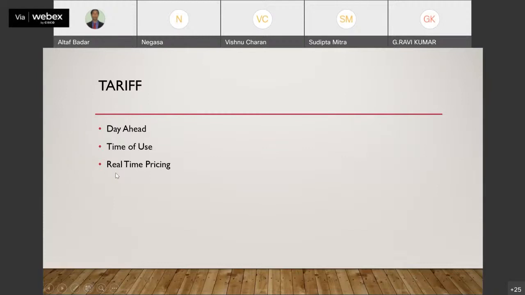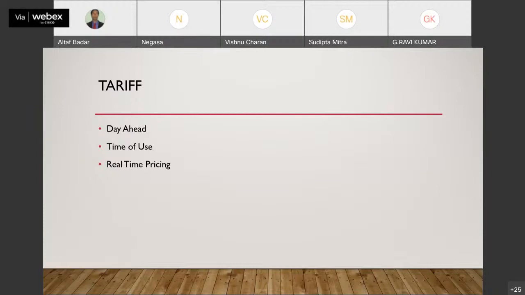In real time pricing, the cost of electricity changes every 15 minutes. Nowadays, they are proposing 6 minutes also. So the cost of electricity changes every 15 minutes in India. We do not feel the changes, but there are changes on the ground.